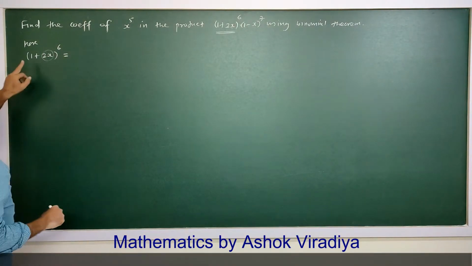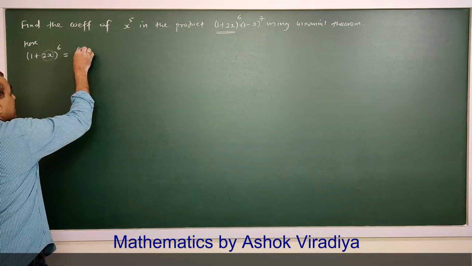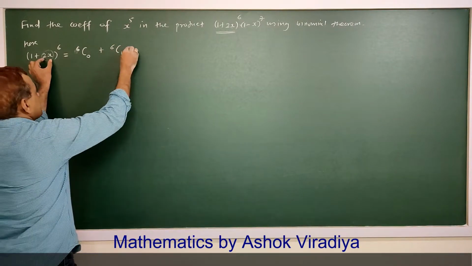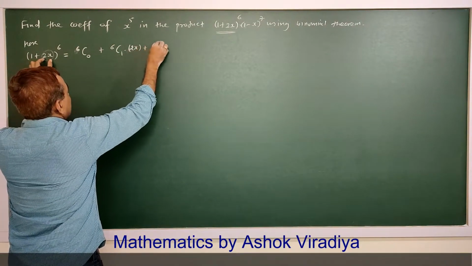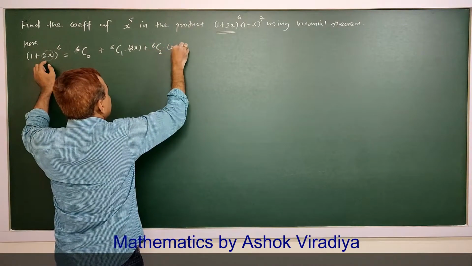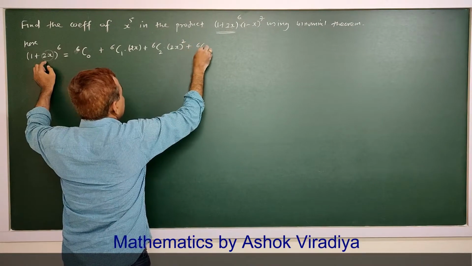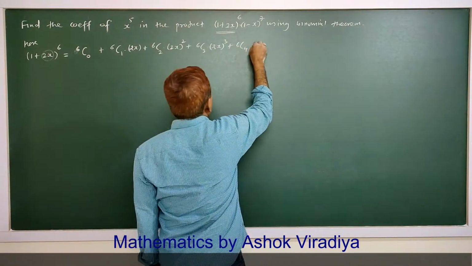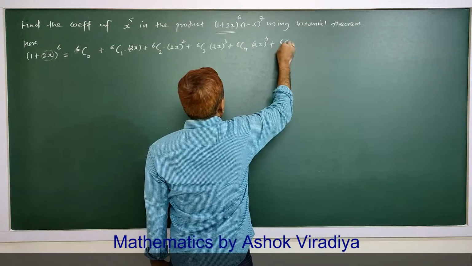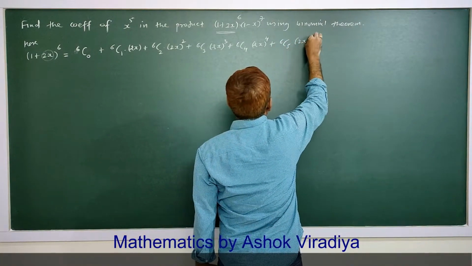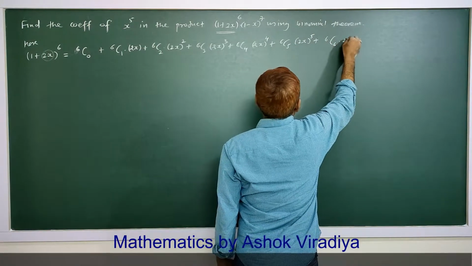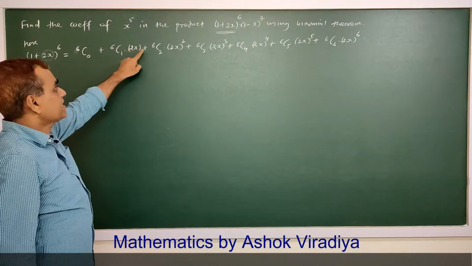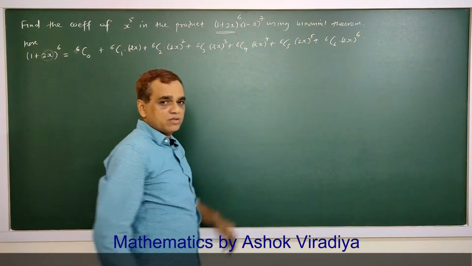The formula for (1 + x) raised to n is nC0 + nC1 times x + nC2 x square + nC3 x cube + nC4 x raised to 4 + nC5 x raised to 5 + ... + nCn x raised to n. (1 + x) raised to n: nC0, nC1 x, nC2 x square, nC3 x cube, like that.